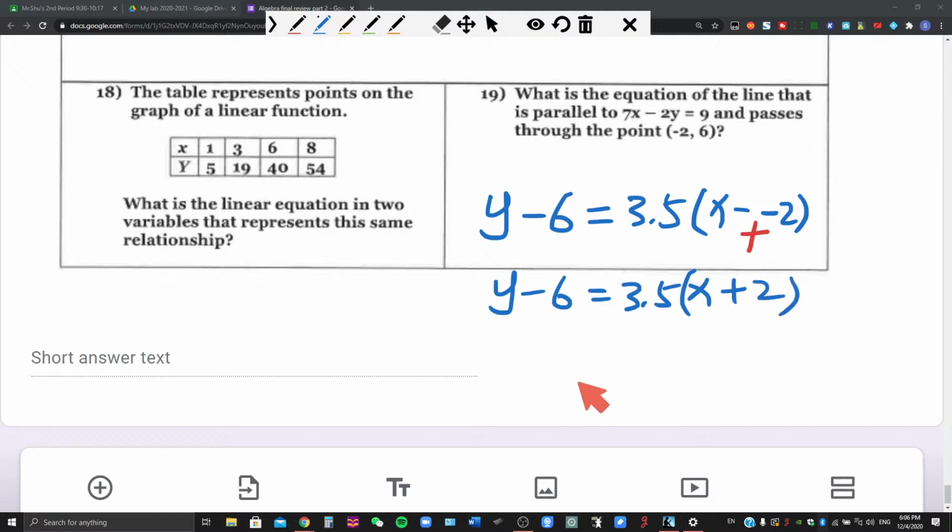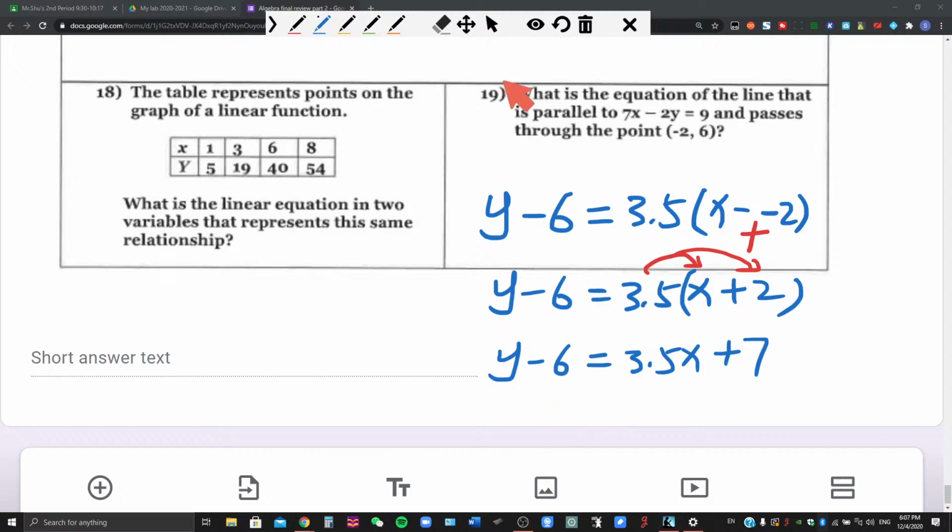Second step, we want to unpack. By unpack, you just multiply the term outside by each term inside. So y − 6 = 3.5x + 3.5 times 2, which is 7.